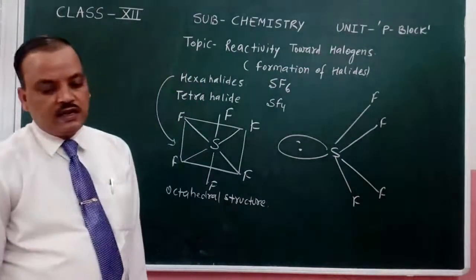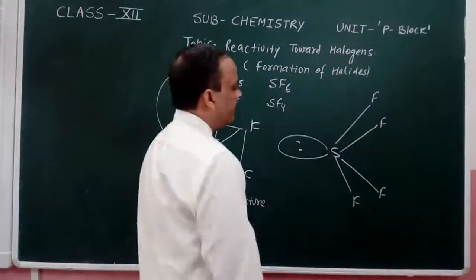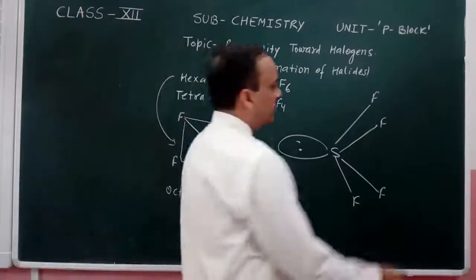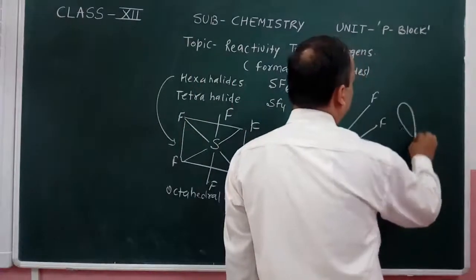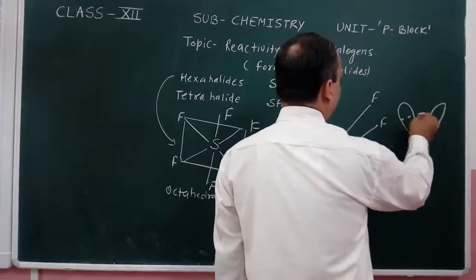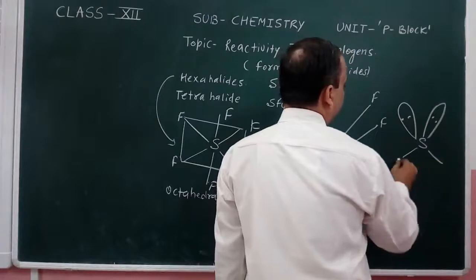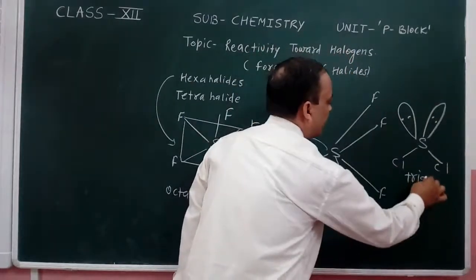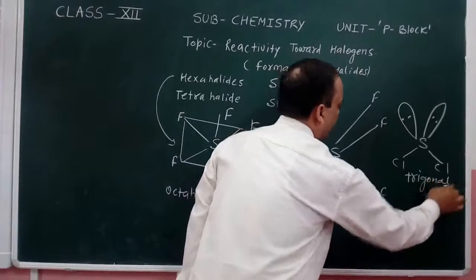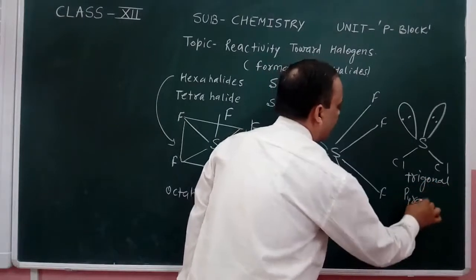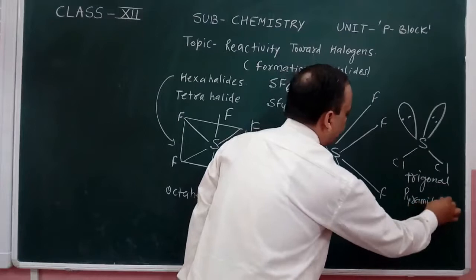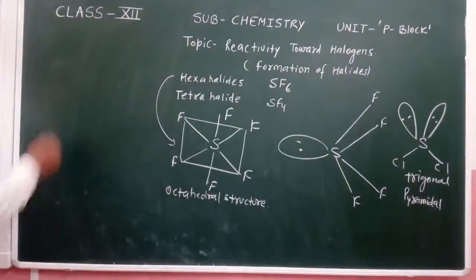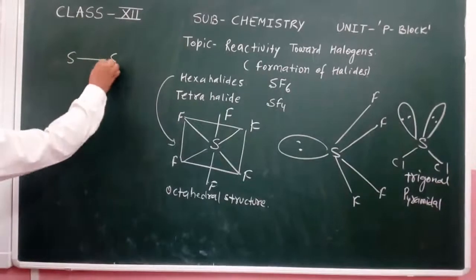Another is the structure of SCl2. In case of SCl2, the structure is like this, a trigonal pyramidal structure. We have S2Cl2, another S2Cl2.